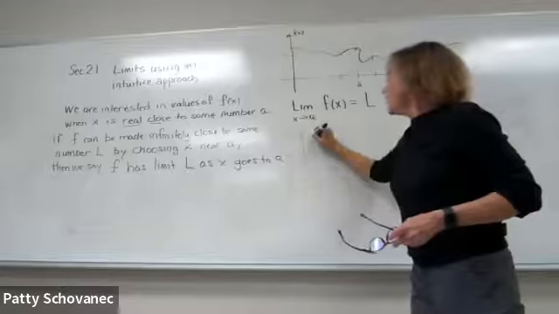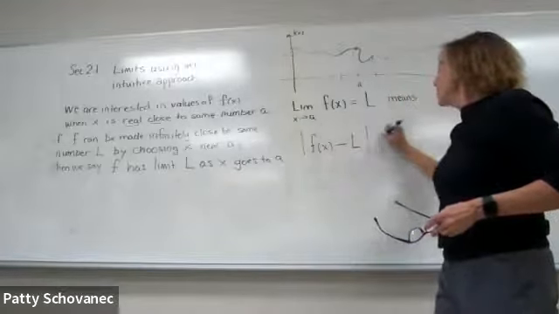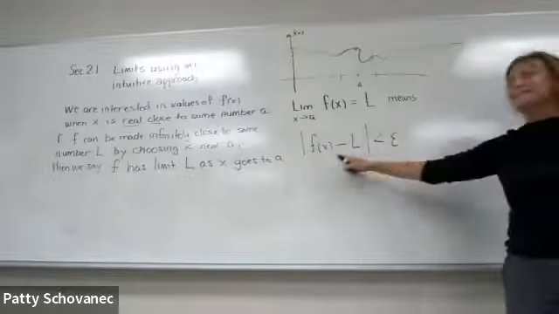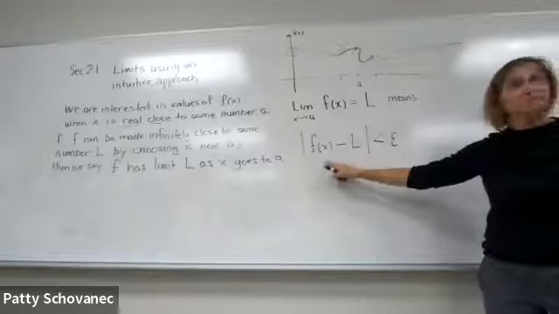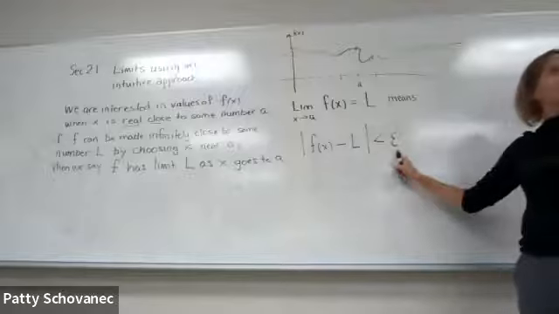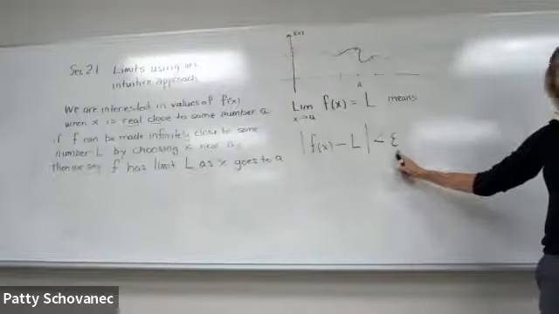that f and L are really close to each other. The distance, absolute value, between f and that y value L is smaller than some real teeny tiny number. I'm using the Greek letter epsilon.